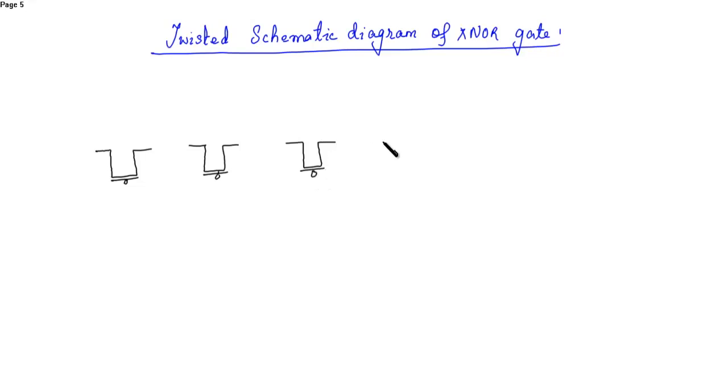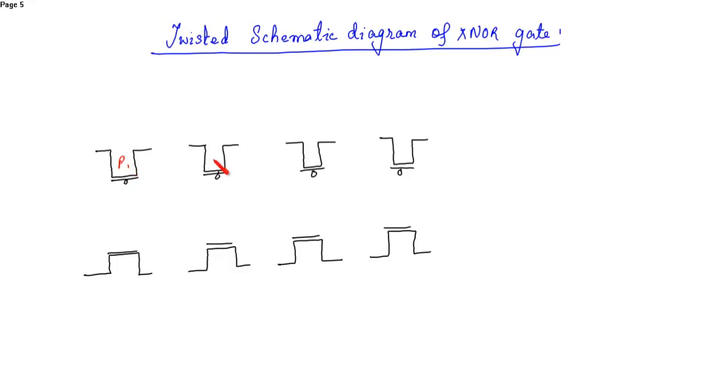This is PMOS 3 and this is PMOS 4. Similarly, we'll have the NMOS. This is NMOS 1. This is NMOS 2. NMOS 3. And this is NMOS 4.